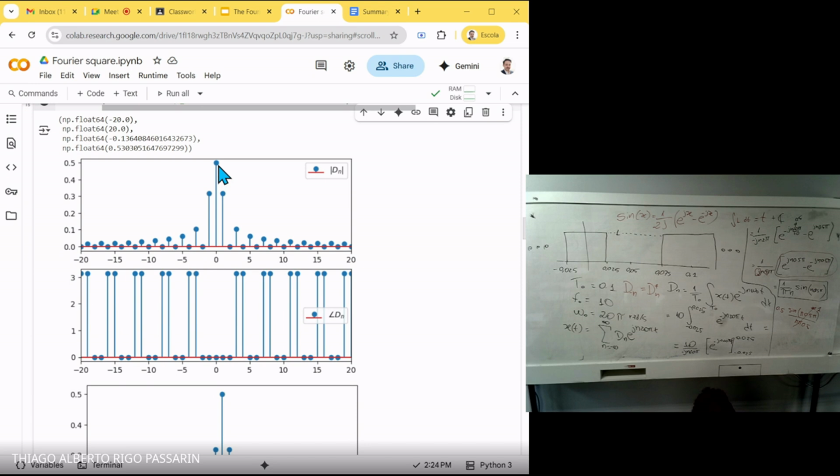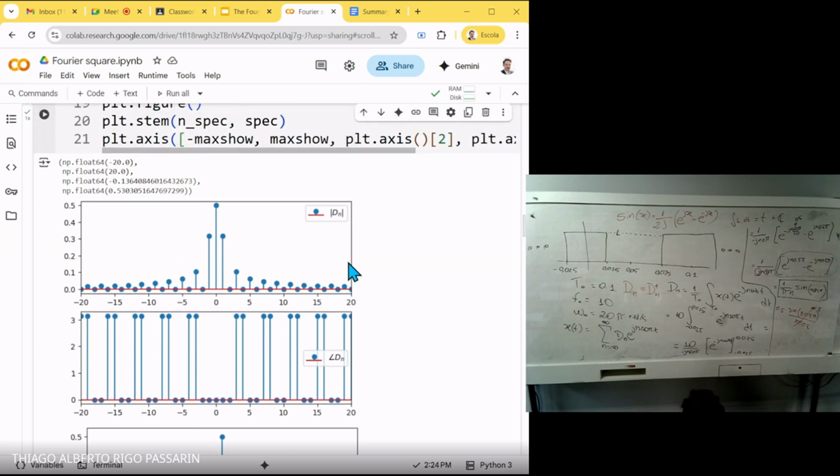So here all non-negative coefficients are mirrored and represented as positive, and the negative sign is coded here as an angle. And this is what we call a spectrum. I plot the coefficients of the Fourier representation as magnitude and phase as a function of n, and this is a spectrum.